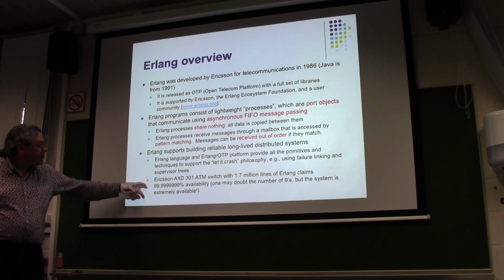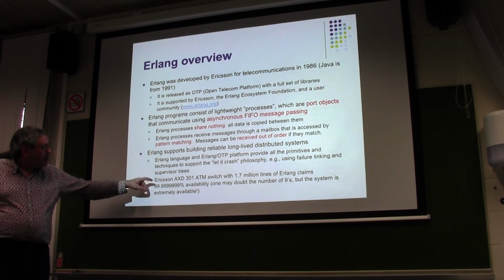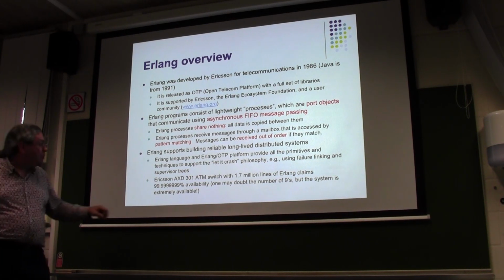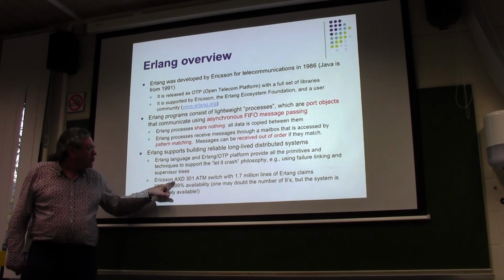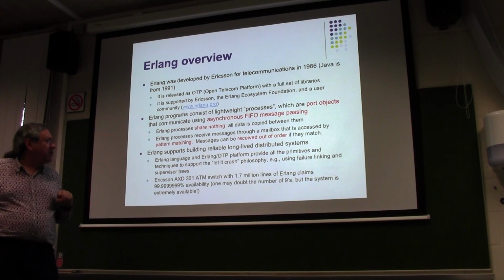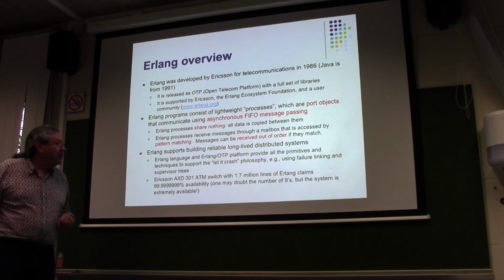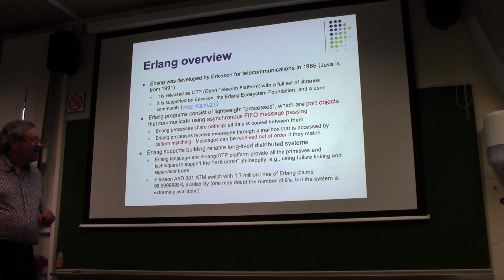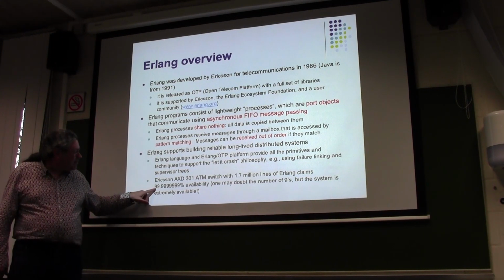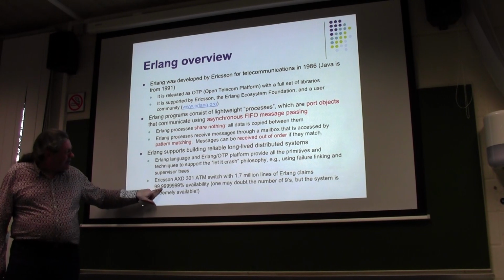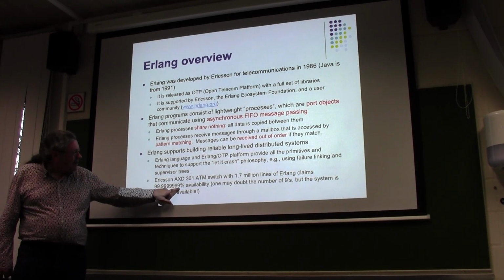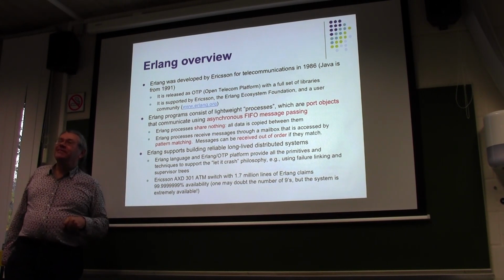Okay? And one of the examples is, so Ericsson makes telecommunications equipment. They have this ATM switch called the AXD301, which has 1.7 million lines of Erlang inside, and their marketing department claims 99.9999999% availability.